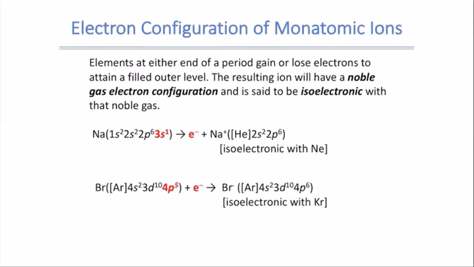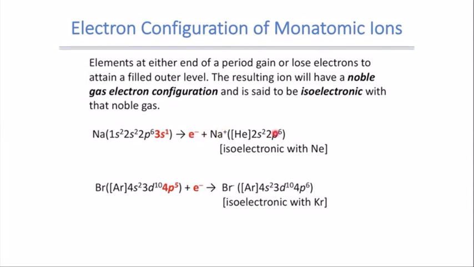So now looking at electron configurations for monatomic ions. Whenever we create an ion, this is where I kept telling you they need to get the same number of electrons as the noble gas. Remember that from earlier. If sodium loses one electron, it's going to lose it from the highest energy orbital, that 3s. So if it loses an electron from the 3s, it forms a sodium plus.